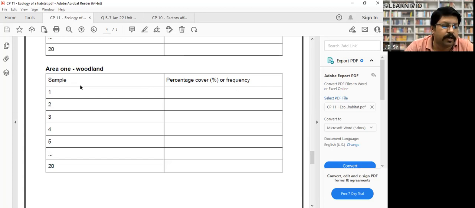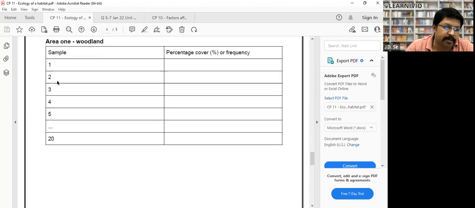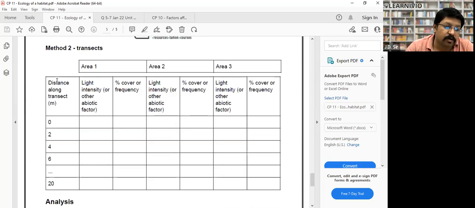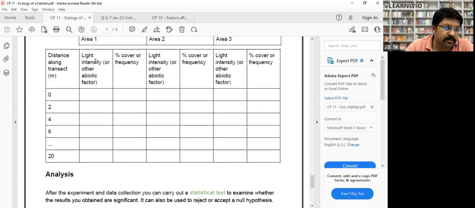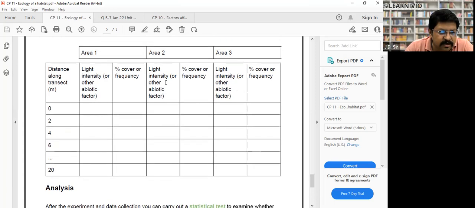The same thing will go with the tree-like plant, small tree-like, right? Again, the sampling we have to take. Now, here, the light intensity, other abiotic factors, the frequency, the cover or frequency, light intensity for area 1, area 2, area 3.